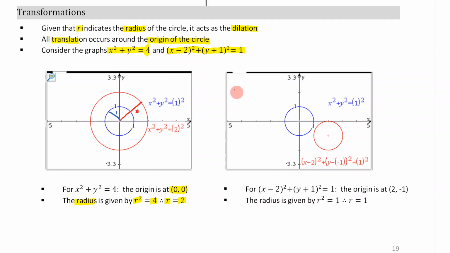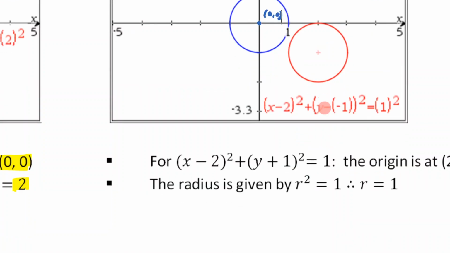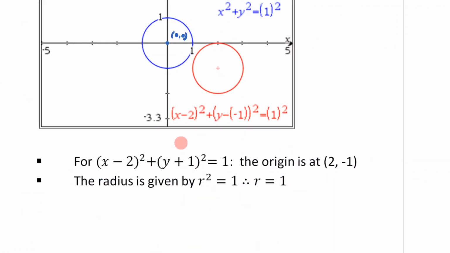So now we can look at what this looks like. So here is my original graph, x squared plus y squared is equal to 1. And as you can see, if I zoom in here, it has a center at 0, 0. But then once I've applied my transformation to it, as you can see, the origin is now at 2, negative 1.